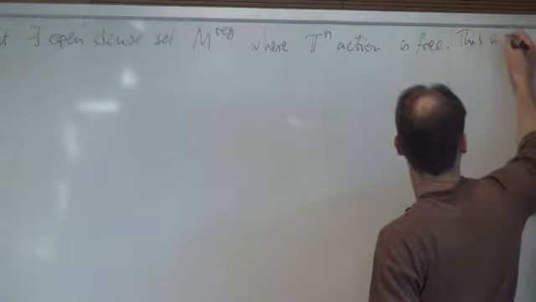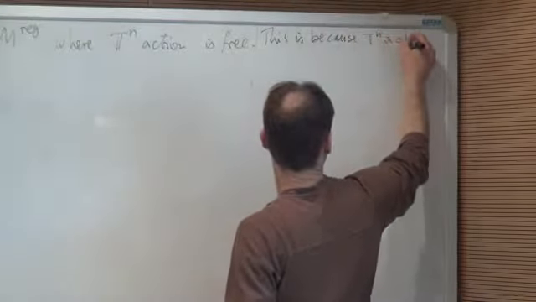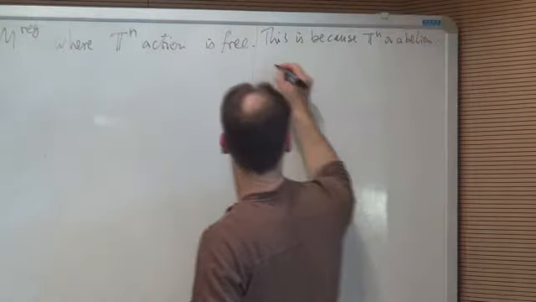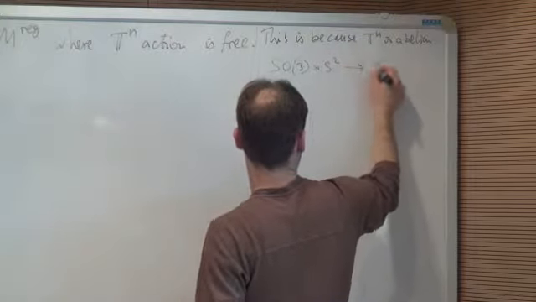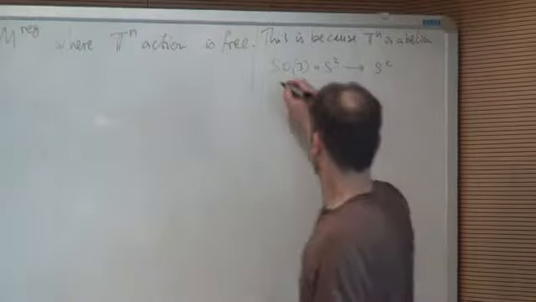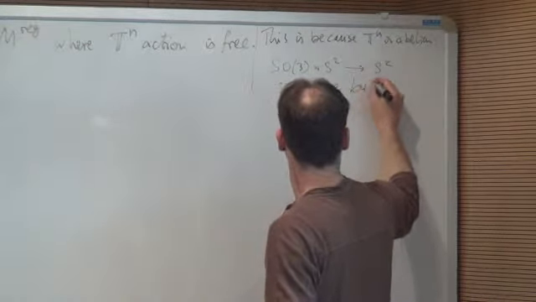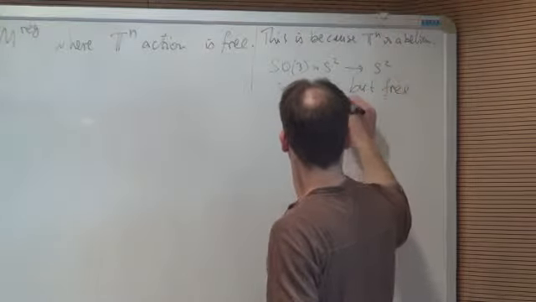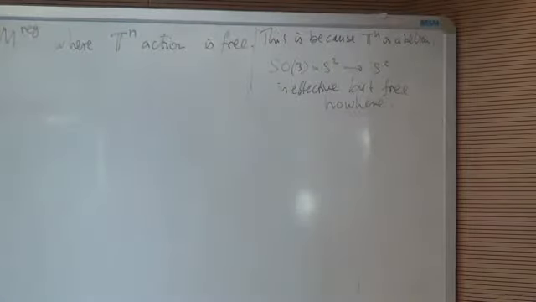If I look at the action of SO(3) on S^2, where I take the sphere and just rotate it, it is effective, but free nowhere. So this is sort of an aside. Keep it as an example, right? Tori are different from other Lie groups.